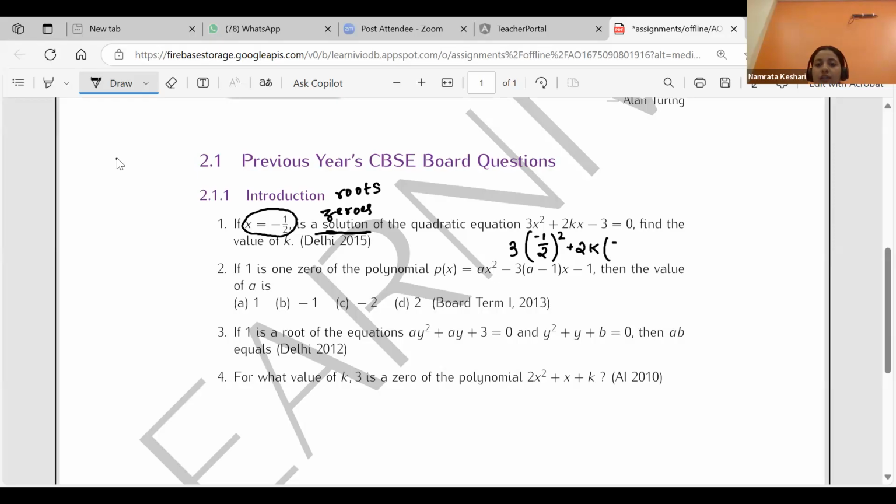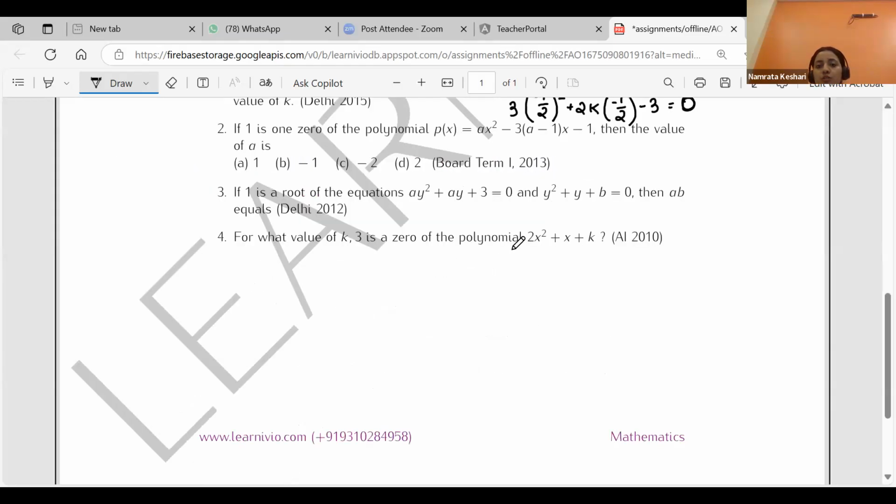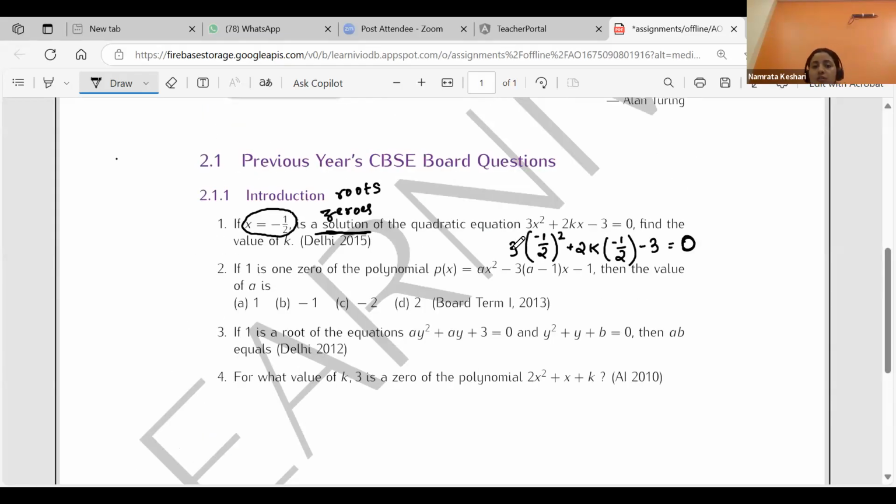And then from there, we will be able to find the value of k, right? Getting it? Yes, ma'am. So this type of question we can keep in the zeros based questions. This is the zero, this is the solution, so we are just substituting it and finding the value of k. Next question.